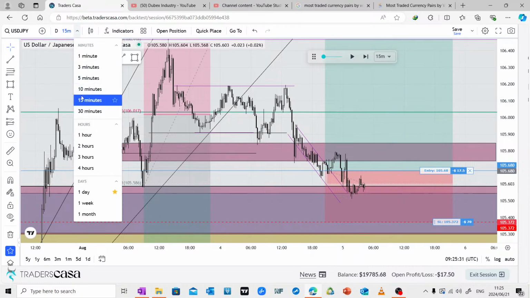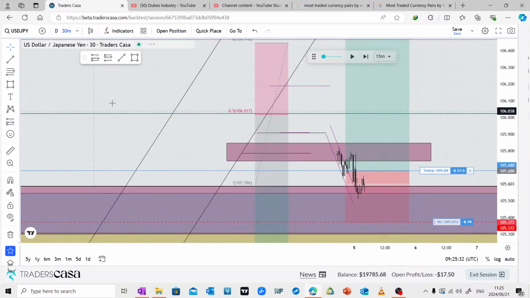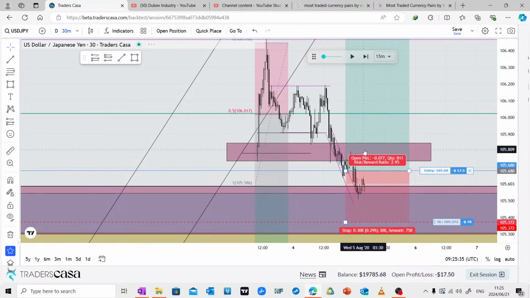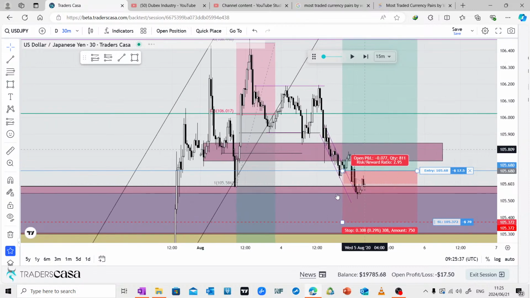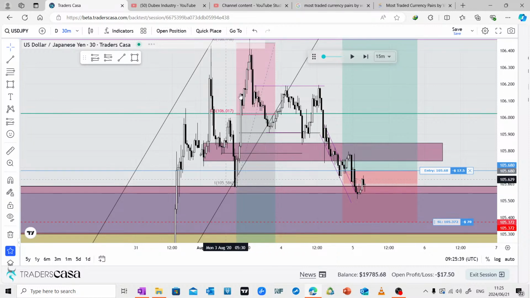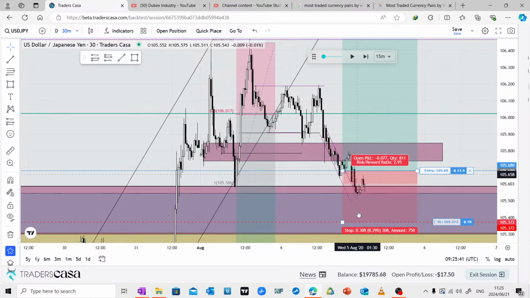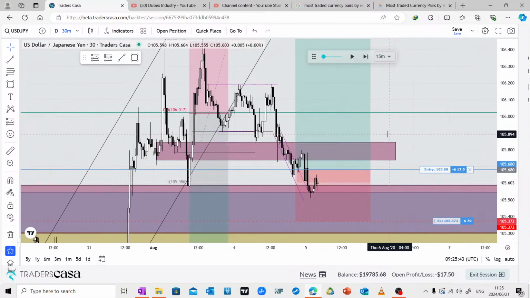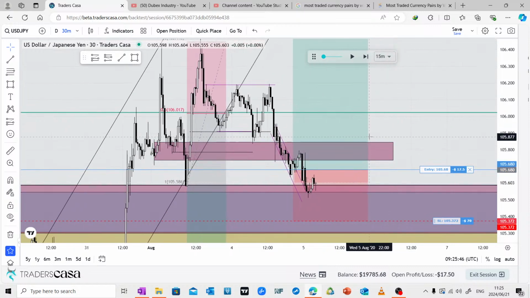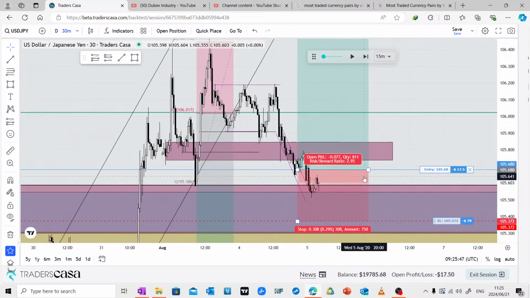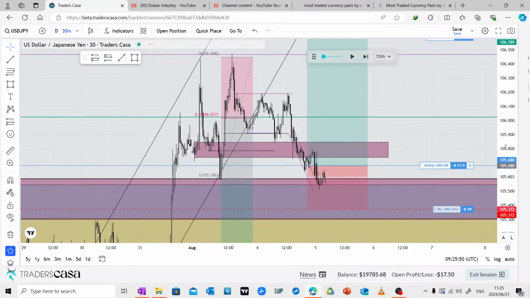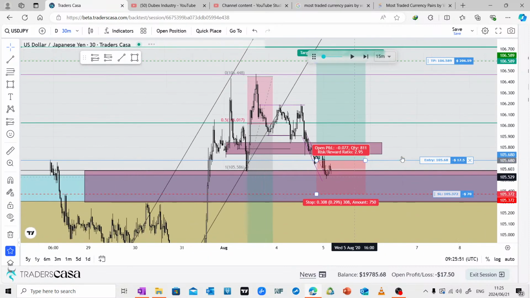So let's jump into the 30 minutes and see whether we are not seeing something. Okay, so this low got violated, pushing to the downside. But we are still in this fair value gap here.